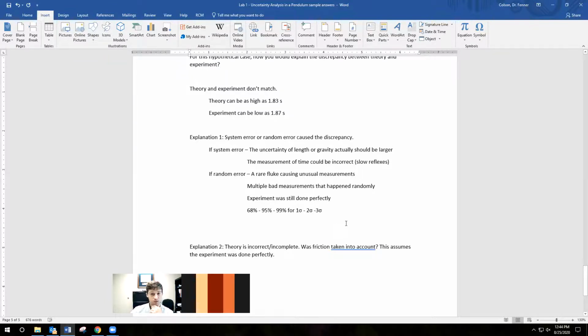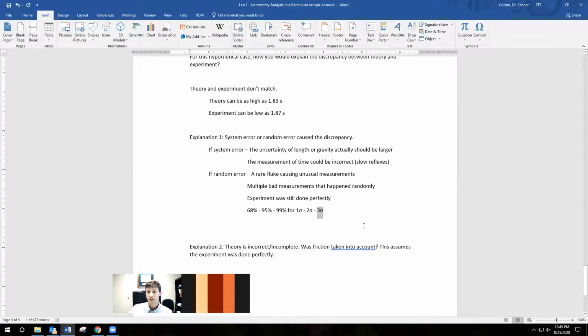And so if you record a data point that's 3 sigma away from the average, that means you're really far away, and it's rare to get that type of measurement. That type of measurement would only happen 1% of the time, or 100 minus 99, or 5% for 2 sigma, or 32% for 1 sigma.